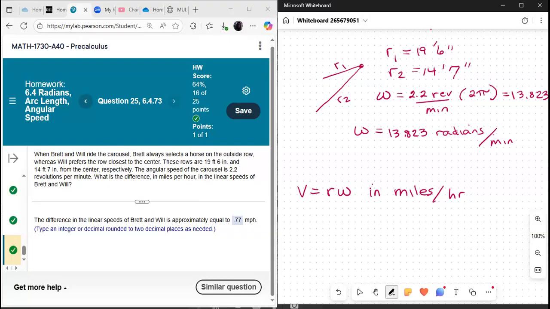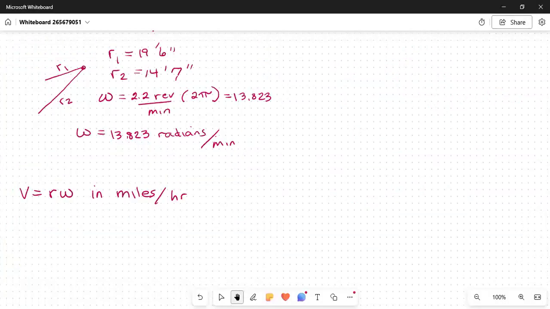Let's take the radius for Brett. So that's R1. And let's convert that from feet to miles. So we have 19.5 feet.